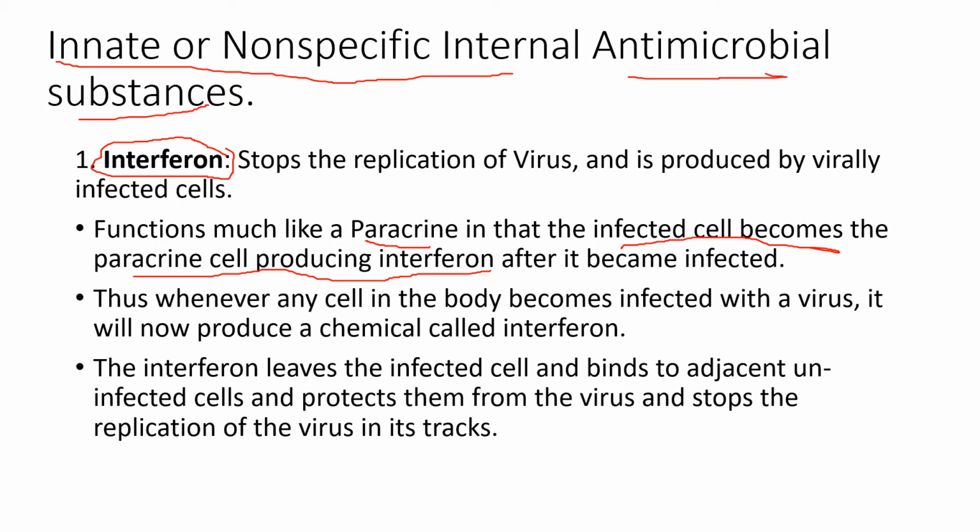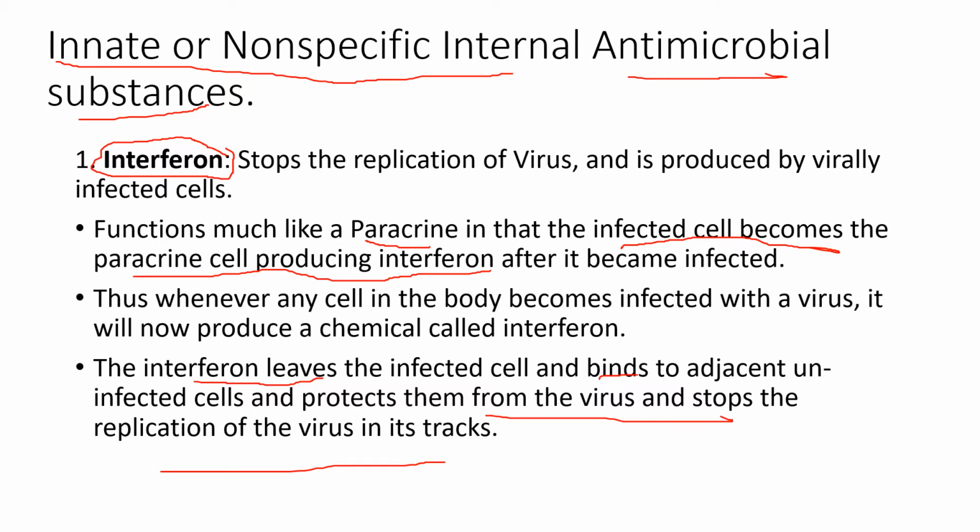So maybe there's no hope for that cell to survive, but it's going to try and save all its brothers. Whenever any cell in your body becomes infected with a virus, it will produce this chemical called interferon, and interferon is a protein. That interferon will leave the infected cell and bind to an adjacent uninfected cell. It doesn't matter what cell is next to it, it will bind to them and protect them from the virus and stop the replication of the virus in its tracks.